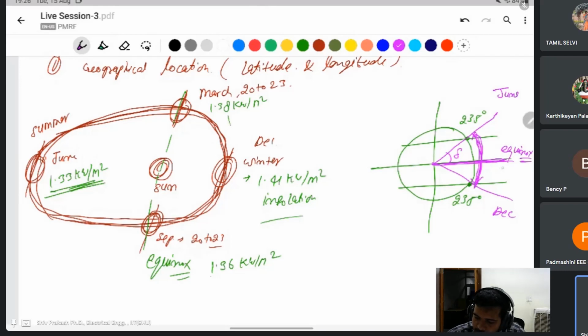This will be the same point at March and September. At March and September, both are the same point, and this will be June to December. It will vary from March to June. After that, it turns back along the path like that. So the angle will change from 0 to 23.5 to minus 23.5. You can say this one is north, this one will be south. The Earth is rotated from west to east.